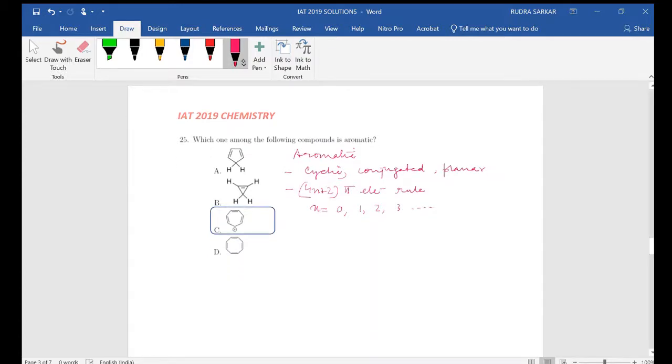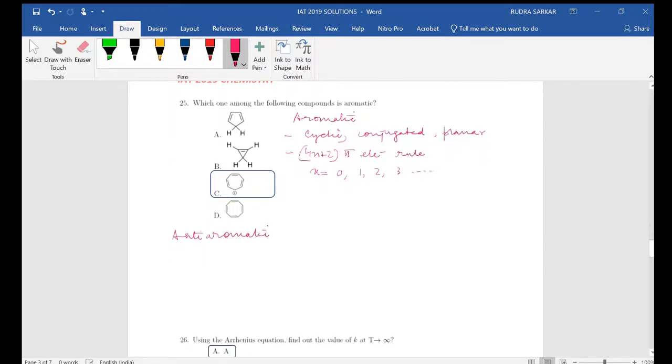We will be calling systems anti-aromatic when they are cyclic, they are also conjugated, they too are planar, but they are following the 4n pi electron rule.